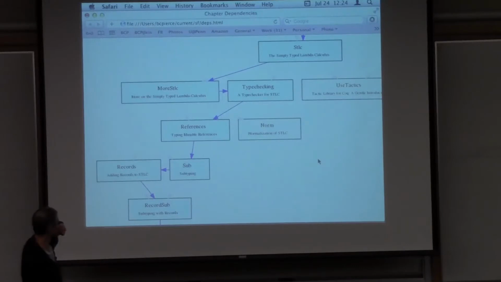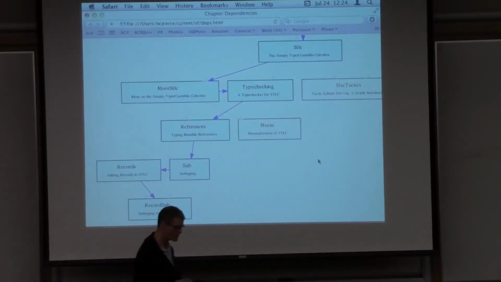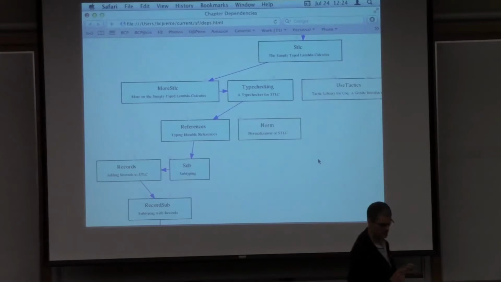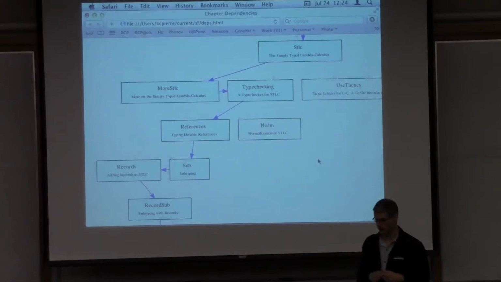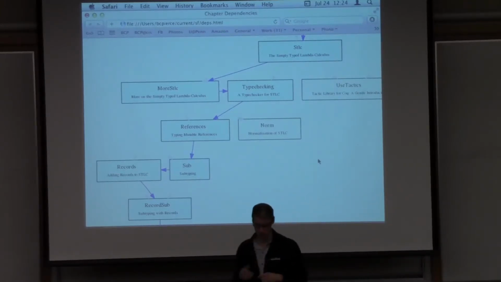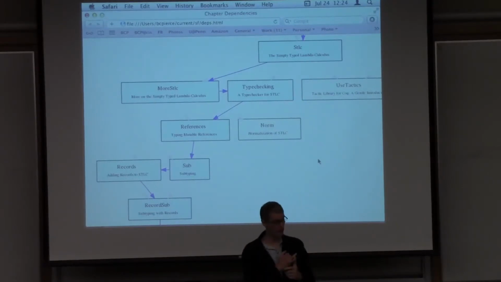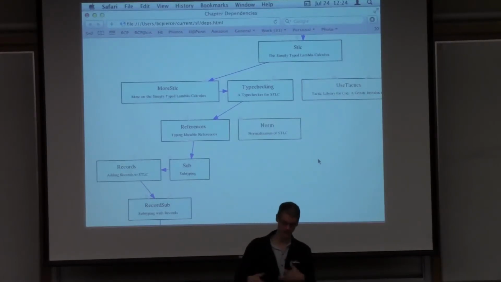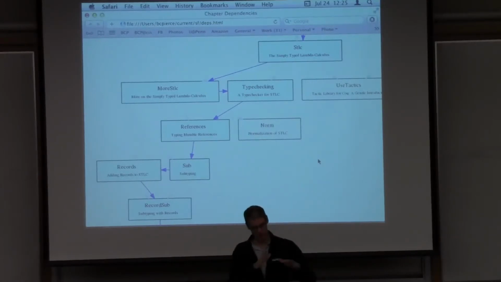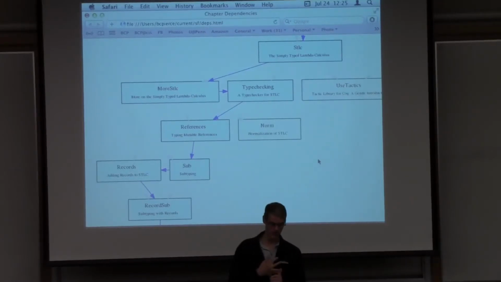And then a chapter on type checking, which develops a type checking algorithm for the simply typed lambda calculus and shows that it's correct. Then a chapter on references, showing how to have store typings and types for references a la ML. And then some chapters on more advanced typing features, subtyping in particular, then records, and then records with subtyping.